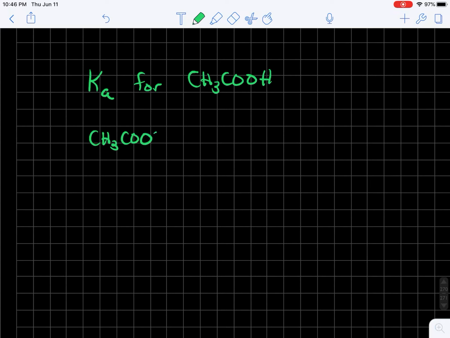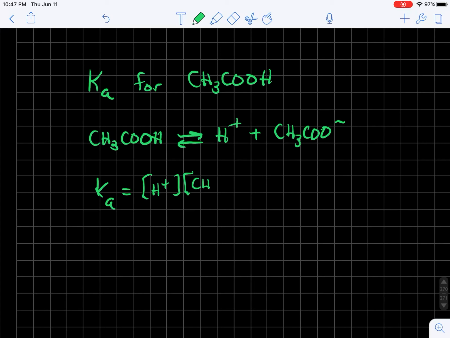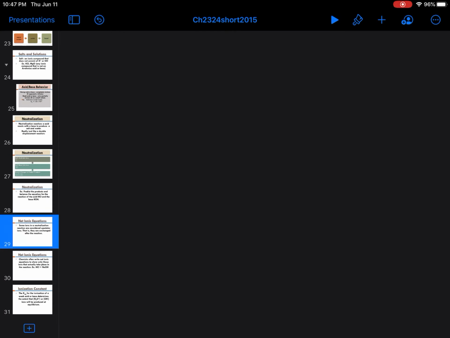All right, so first of all, we have to know that acetic acid breaks up into H+ plus acetate. Now we can write our expression. Ka is ionized acid times conjugate base over molecular acid. Easy.